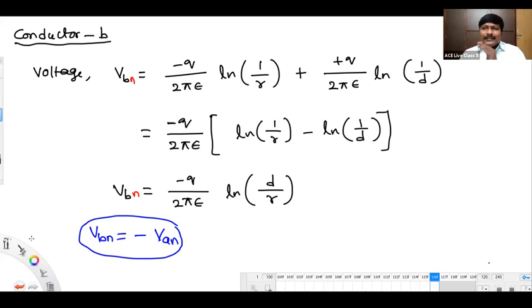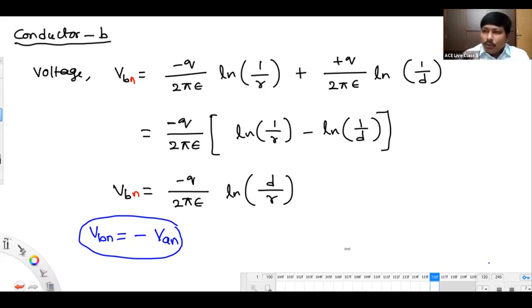Now let's take the capacitance from B to neutral. Obviously, the applied voltage is only this, the voltage applied to the conductors. See, what you are applying to the conductors, is it charge or voltage?